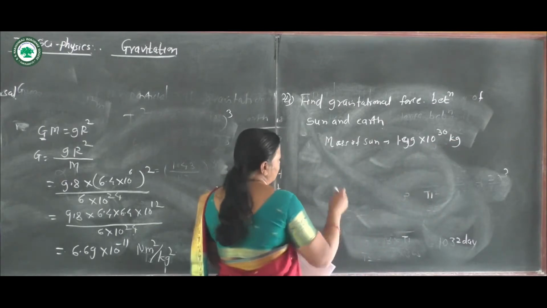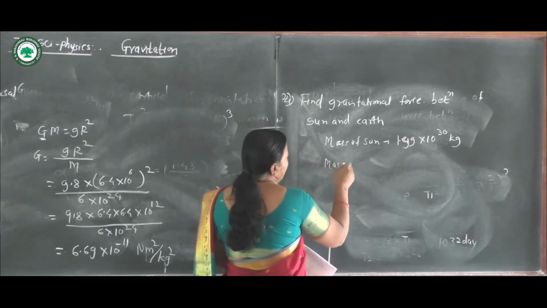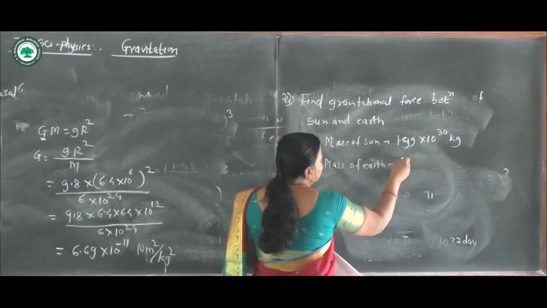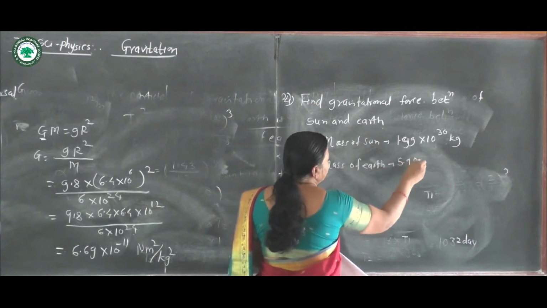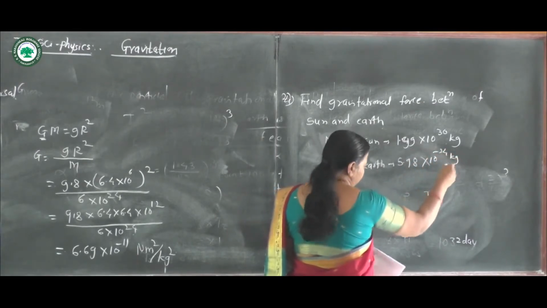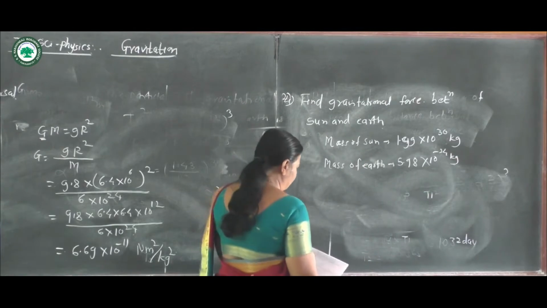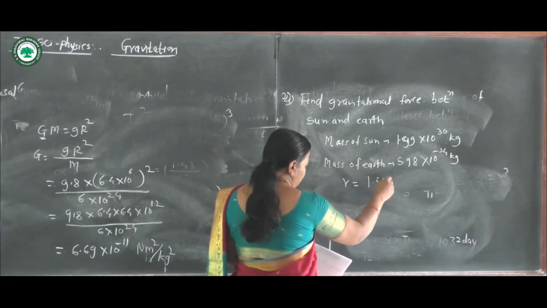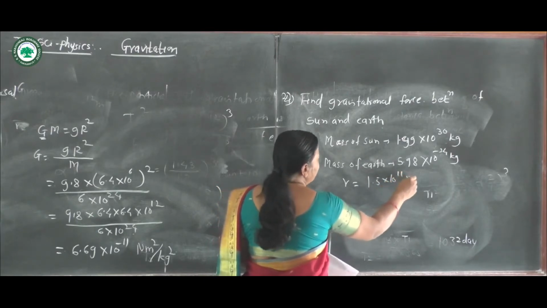Mass of earth, it is 5.98 into 10 raised to 24 kg, and the average distance is 1.5 into 10 raised to 11 meter.